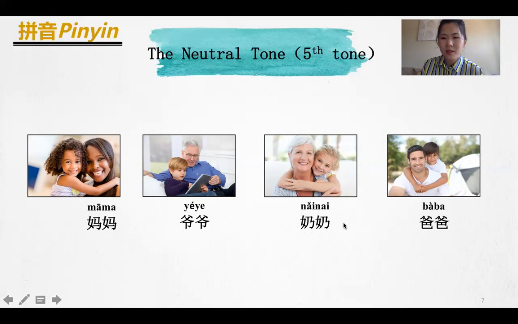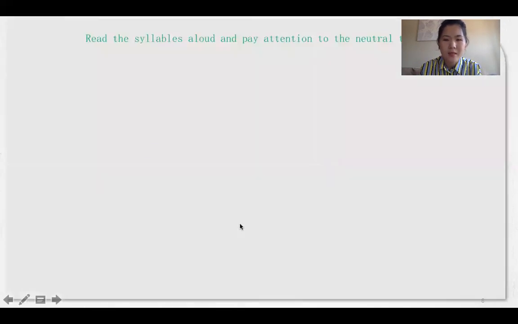So short and fast. 奶奶. This one, 爸爸, 爸爸, right? 爸爸. Okay, so the neutral tone, you have to say it very quick and without any tones.